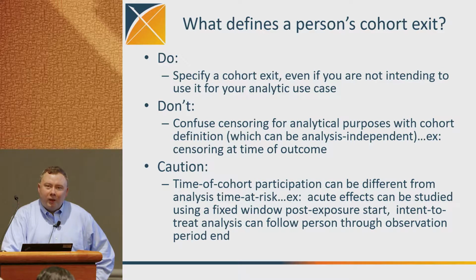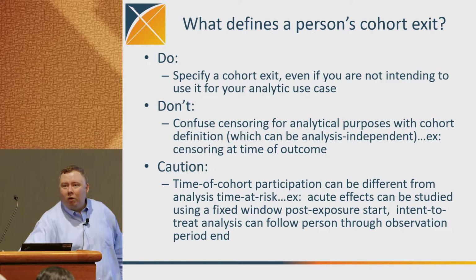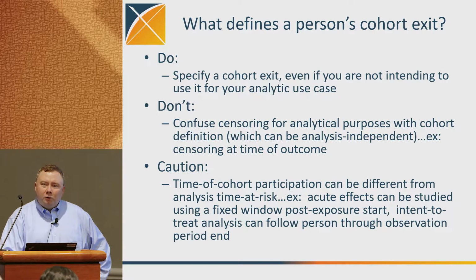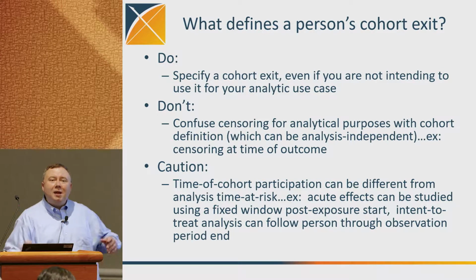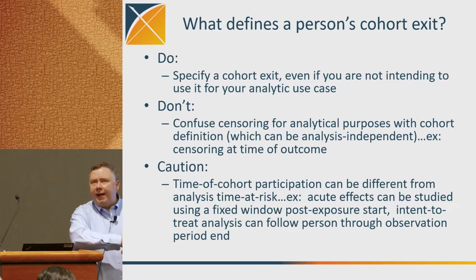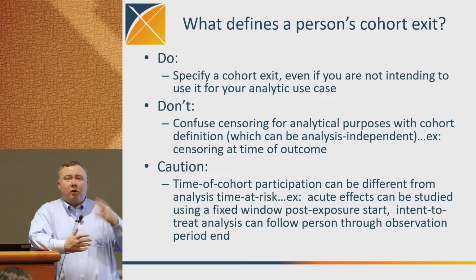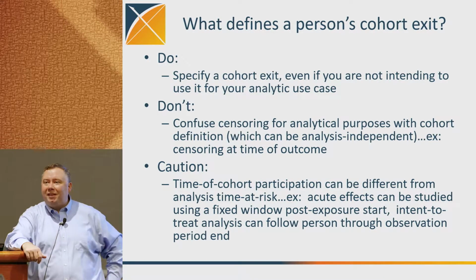And then cohort exit. What I want you to do is always define a cohort exit criteria. Even if you don't plan to use it, go ahead and define it. Because whether you're going to use it or not, someone else might. And also having the clarity of thought about what gets someone in and out of a cohort will actually help you with your clinical description. Don't confuse censoring for analytic purposes with censoring for a cohort definition. Many times in analyses, we'll do a time to event analysis for causal inference, in which case we'll only follow a person until they've had the event.